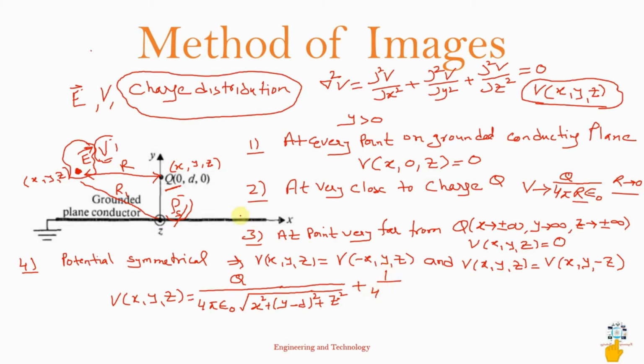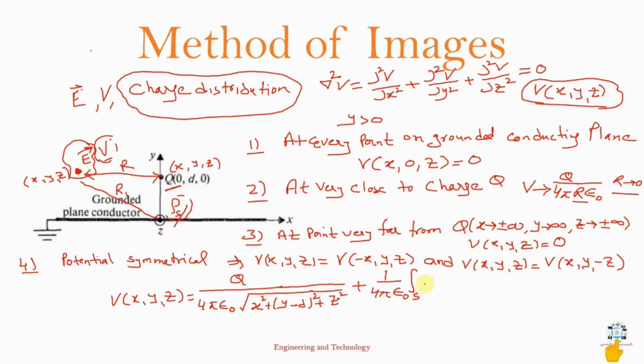the potential due to this charge density rho s on this conducting surface is given by, so you need to find out how much charge there is due to this surface charge density.